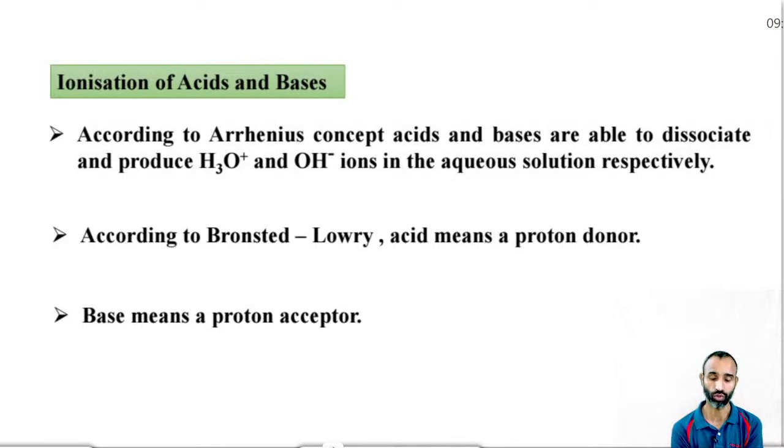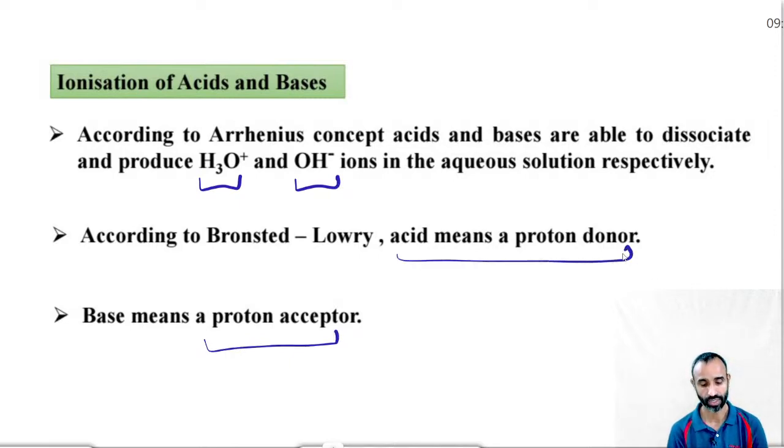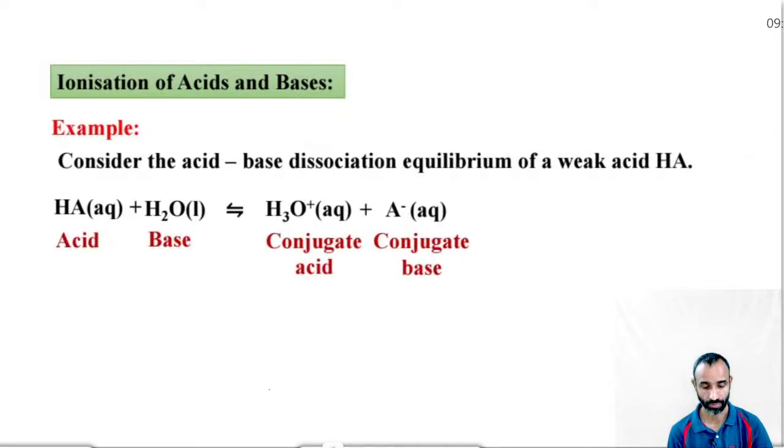Acid produces H3O plus ions and base produces OH negative ions in the solution. According to Bronsted-Lowry concept, acid is proton donor and base is proton acceptor. So these are Arrhenius and Bronsted-Lowry concepts.